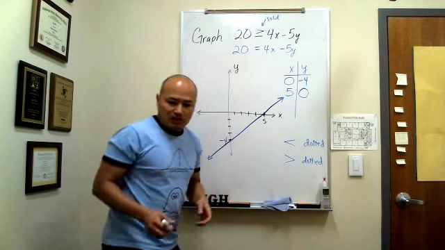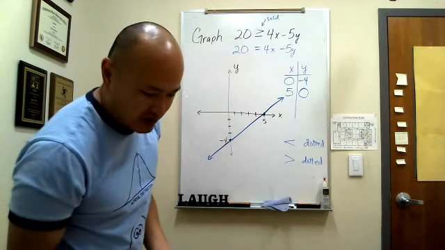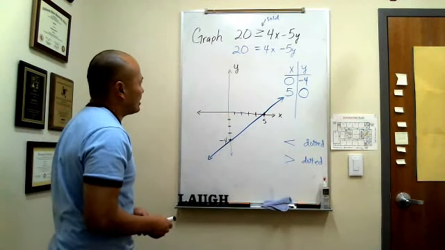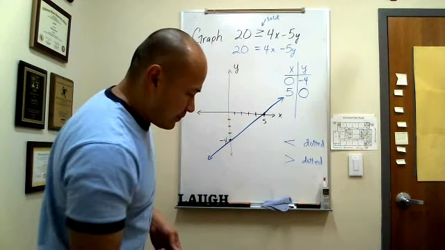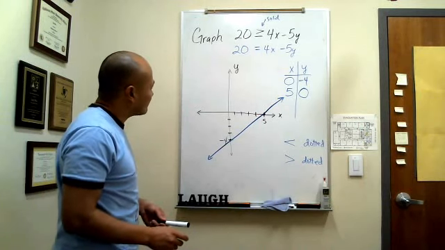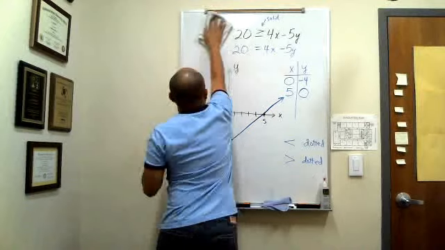Now, let's do the inequality part. Inequality, in short, means that you have to shade. You actually shade your solutions. So we're going to try to shade our solutions. Let me go back to the original inequality.